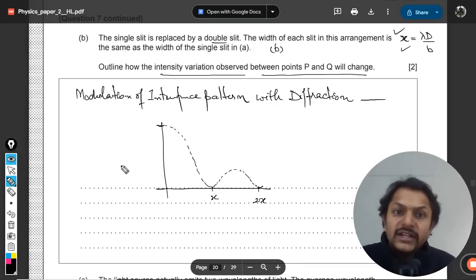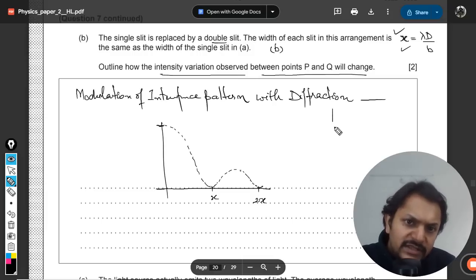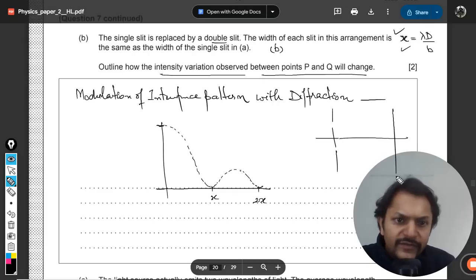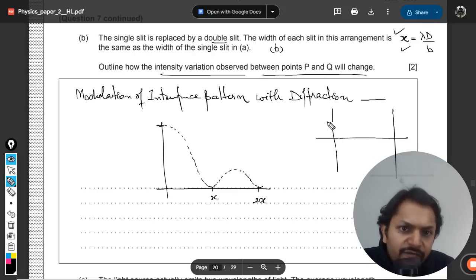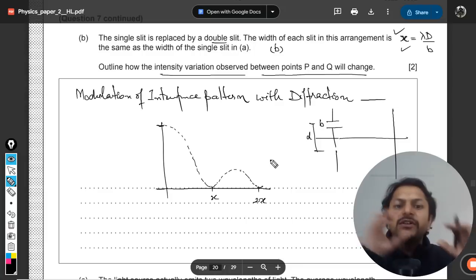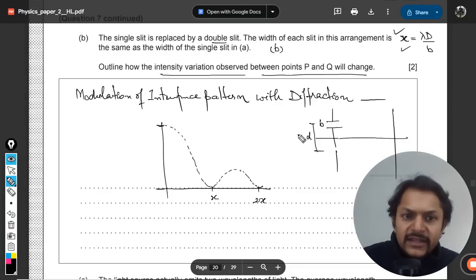So this time the interference will be there. See, these are the slits like this now. Okay, the interference is taking place. The width of the slit remains the same, but there is the distance between the two slits. This is d.